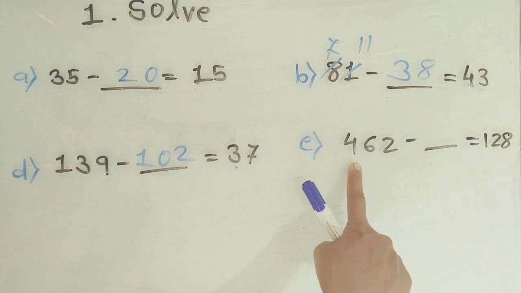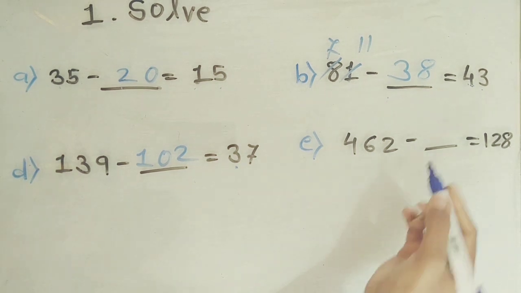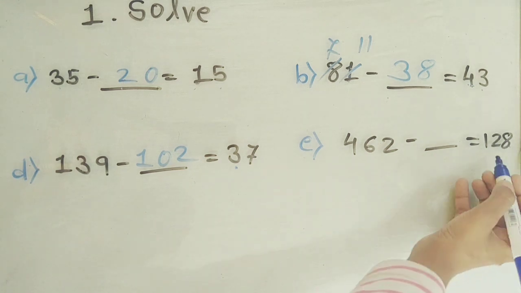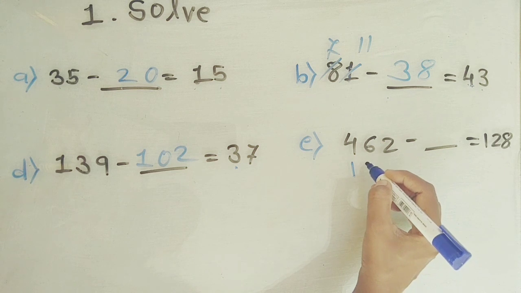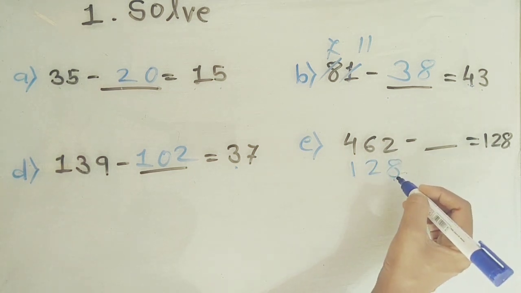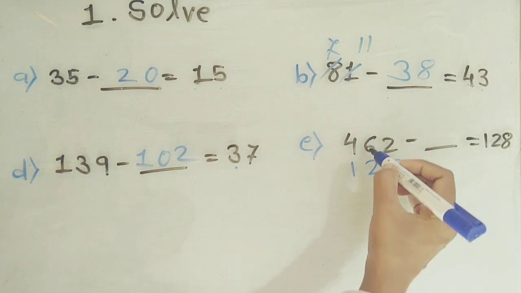Now see the next one. 462 minus what equals 128. Now let's subtract this from here. 128. Now 2 ones minus 8 ones, is it possible? No. So this 2 will ask for a borrow from this 6.